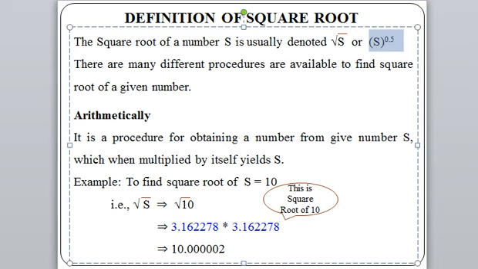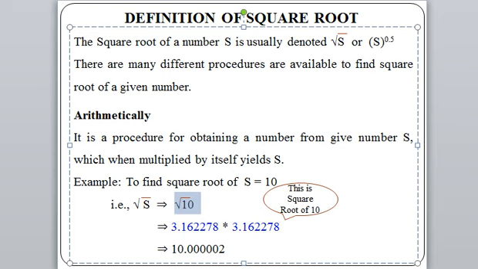It is a procedure to obtain a number from the given number s, which when multiplied by itself yields s. For example, we'll consider a number 10, for which we want to find the square root. Now, square root of s, I mean here, is square root of 10.